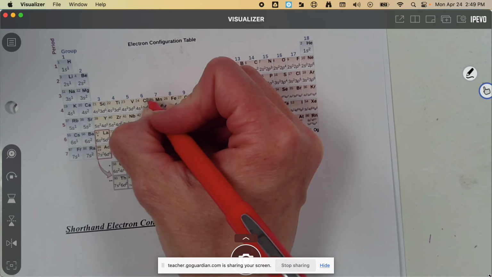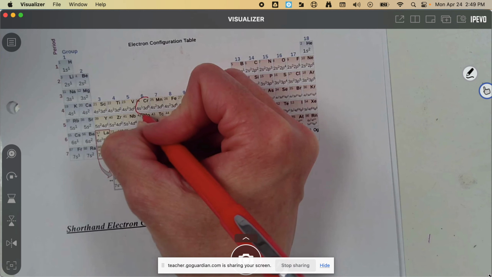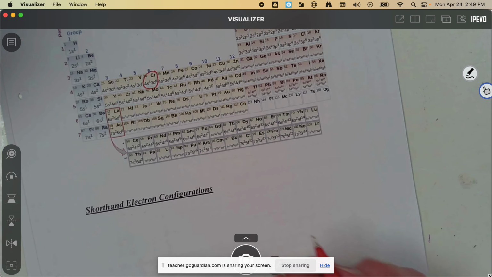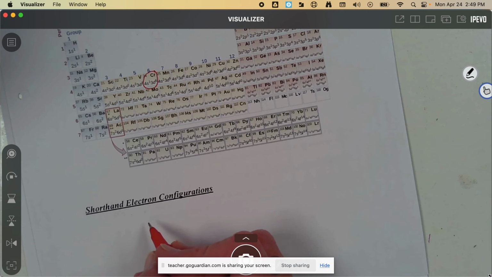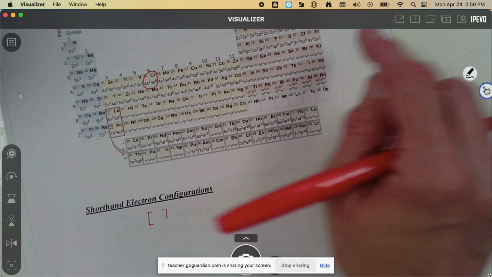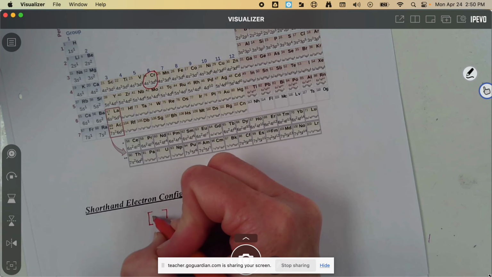So something like chromium ends up not doing what you would think it would do. If you were to predict the electron configuration for chromium, and I'll just do it right down here in shorthand. So shorthand, I would back up to the previous noble gas, which is argon.